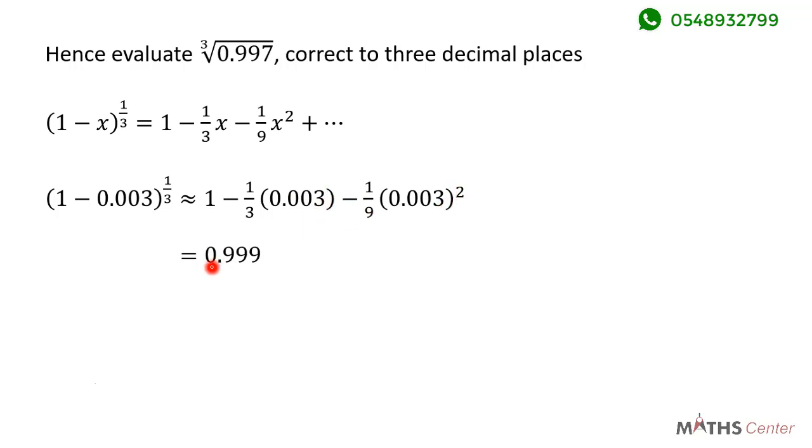And this will be equal to 0.999. So what this means is that if we use the expansion of 1 minus x exponent 1 divided by 3 to evaluate the cube root of 0.997 and correct our answer to 3 decimal places, we are going to have 0.999. Let's consider the next question.